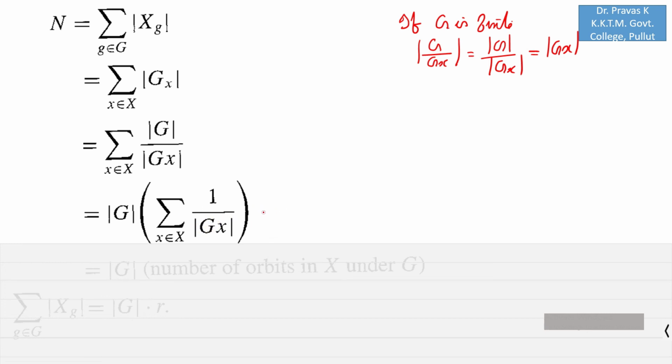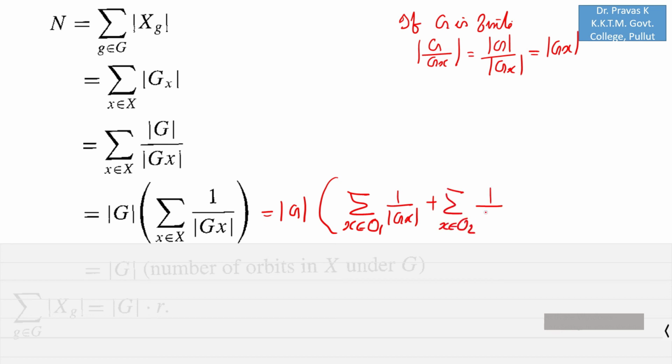Now we calculate this sum in different orbits of capital X. That is, if O1, O2, O3, etc. are different orbits of capital X, we take the sum as summation over x in O1 of 1 over order of Gx plus summation over x belongs to O2, where O2 is the second orbit, of 1 over order of Gx plus etc. Now if you look at the calculation of this sum on a particular orbit, say O, then this is the same as summation over x in O of 1 over order of the orbit Gx.